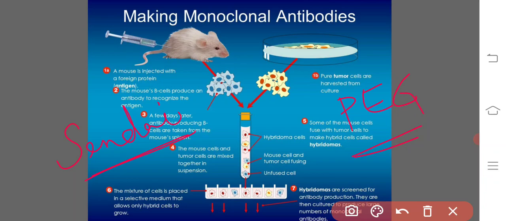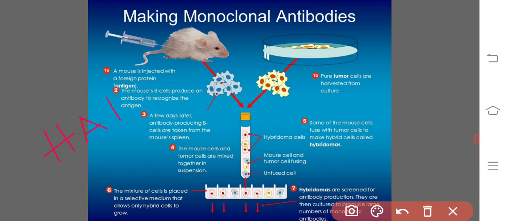Then the mixture is washed and placed on the selective medium where only hybridoma cells can grow. The mixture of cells is placed in a selective medium that allows only hybrid cells to grow. The medium used for the identification and selection is HAT medium.